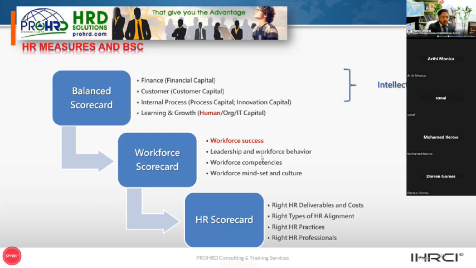Workforce scorecard. Here we are talking about workforce success, leadership and workforce behavior, workforce competencies, and workforce mindset and culture. Then it is cascaded to the HR scorecard: right HR deliverables and the cost, right type of HR alignment, and right HR practices, right HR professionals.